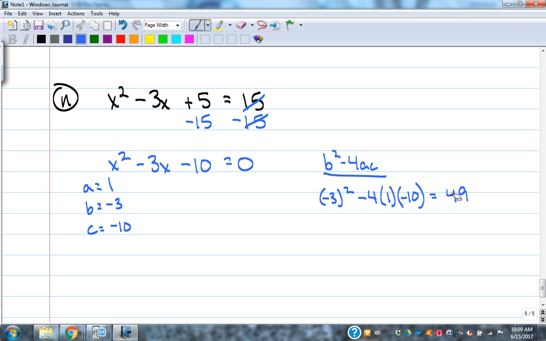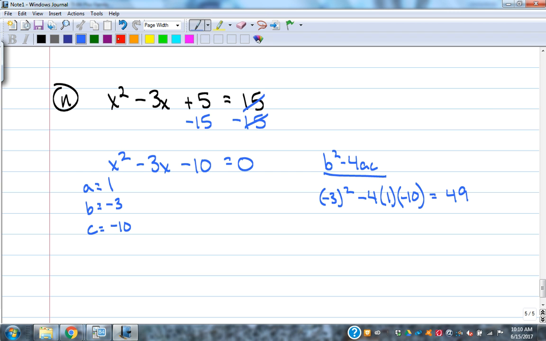Because that's a positive number, we know we're getting two real solutions, two real numbers out of this. Okay. It's nice that it's the number 49 because we know that number is going underneath the square root. And 49 is a good number to have under a square root, right? Because we know the square root of 49.